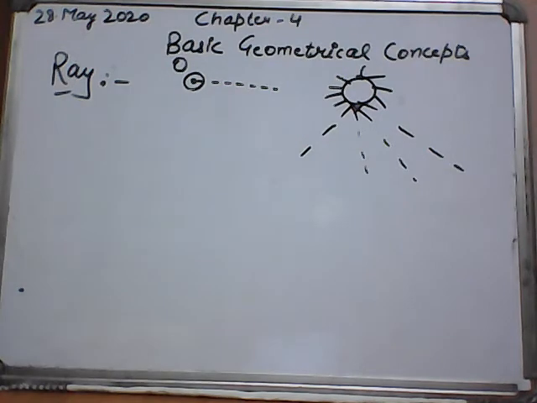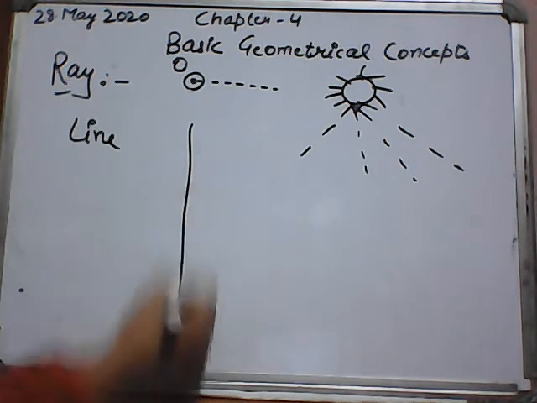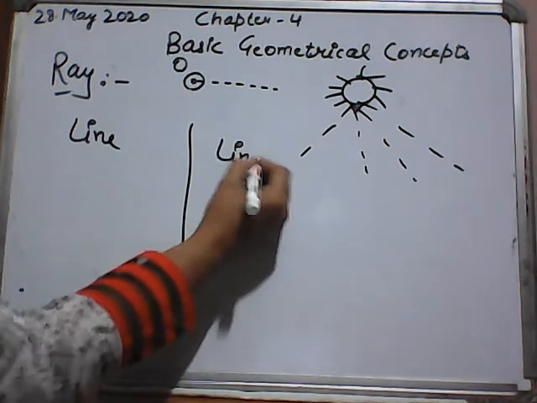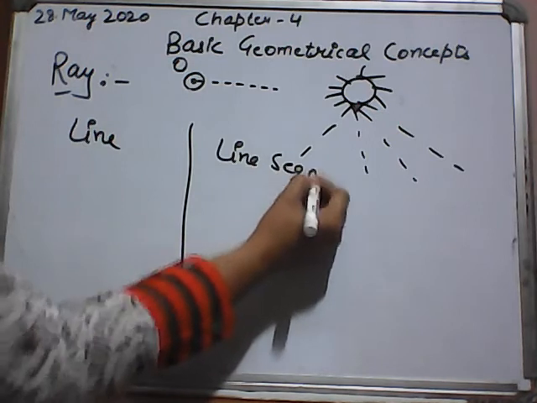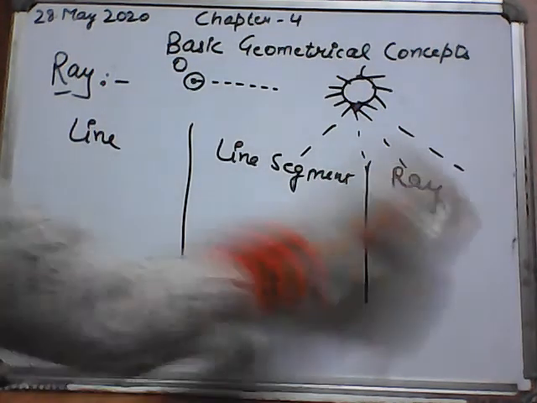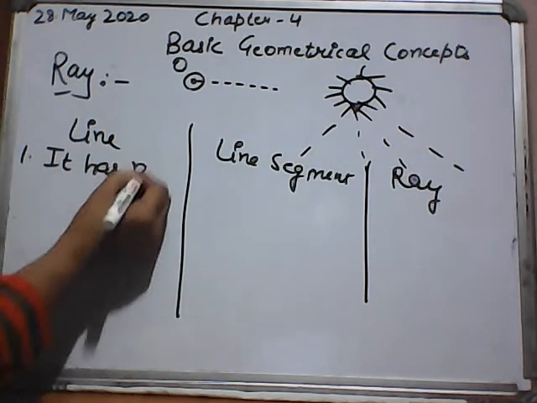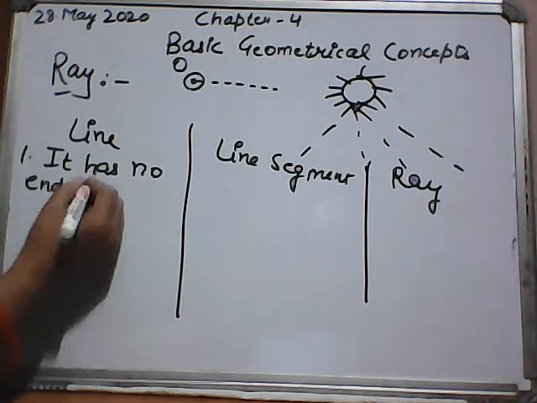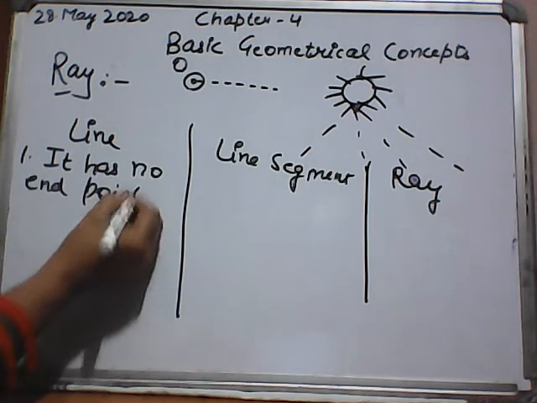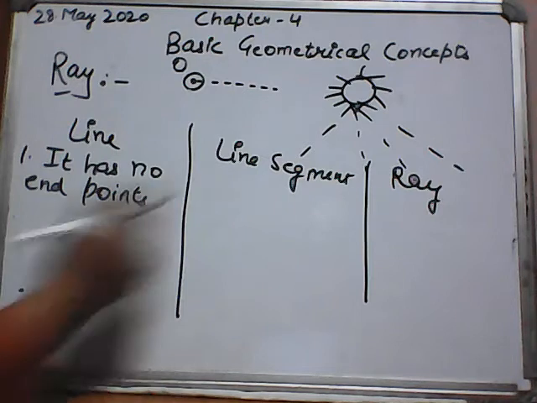Now you should know the difference between these three concepts: line, line segment and ray. A line has no endpoints as it can be extended in both directions.